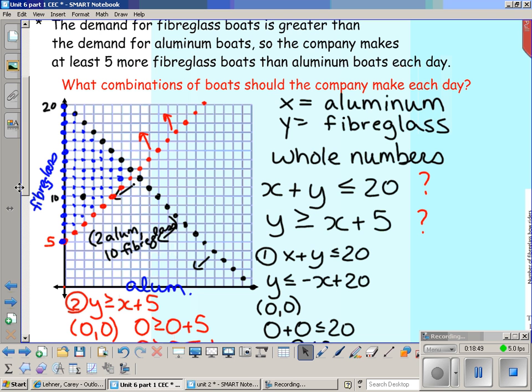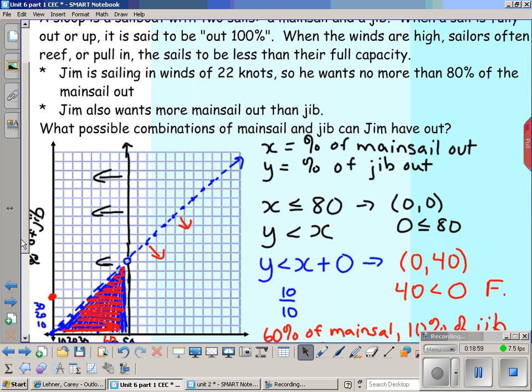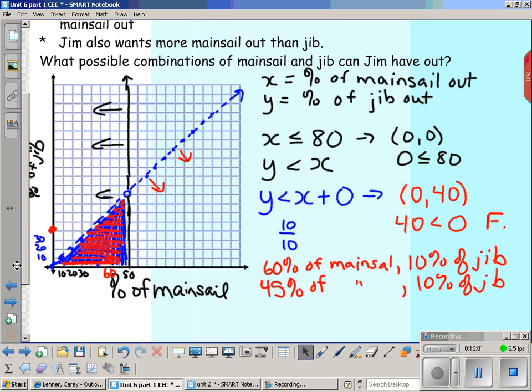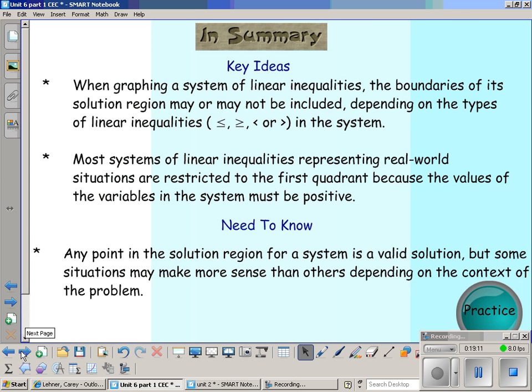The overlap is not included on those two lines because the intersection of the two lines was not a whole number. But in the second example here, it is an open dot at the intersection because it is not part of the solution, because one inequality was not an equal to.